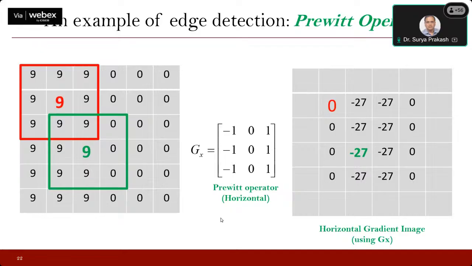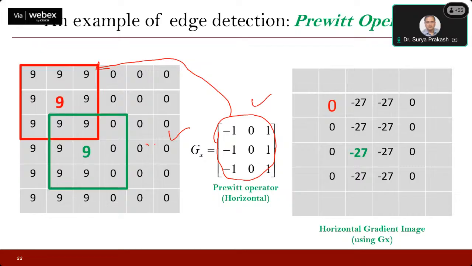To compute the gradient, we can directly make use of this filter, which gives you the difference between the items required. When applying this filter, or matrix, on the image, we keep the filter on the image, multiply the respective values by the filter values, and then aggregate them, and that gives you the required value.